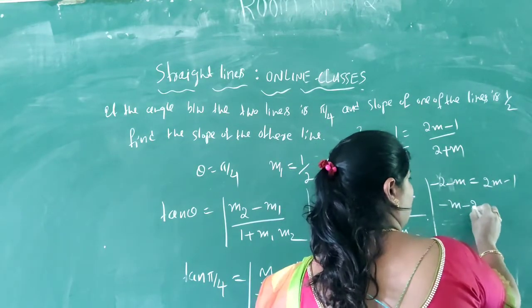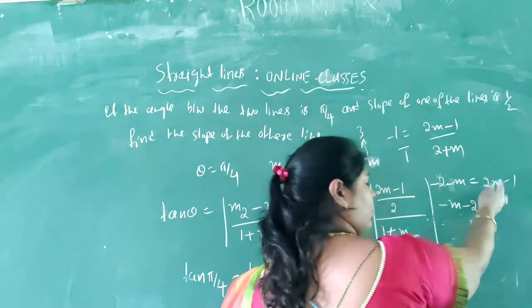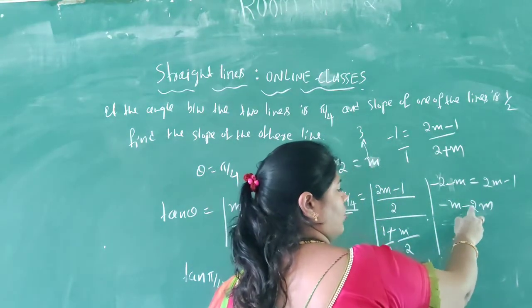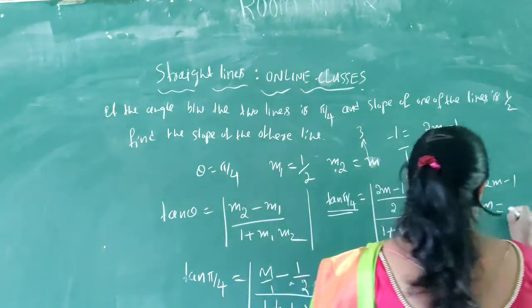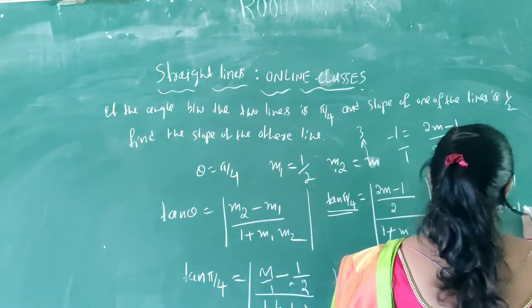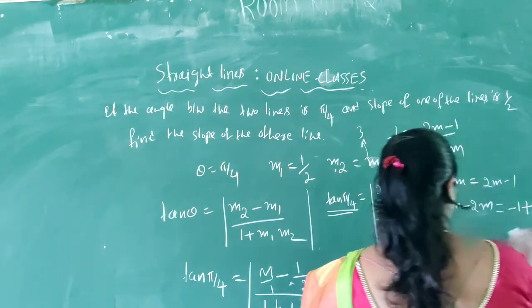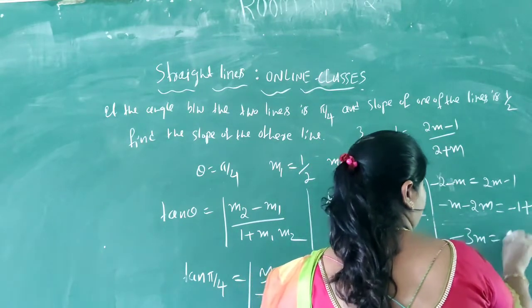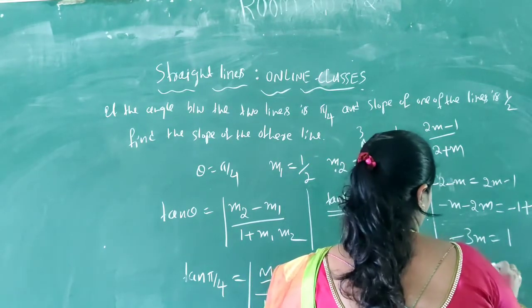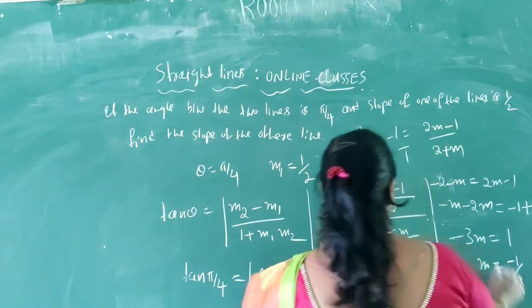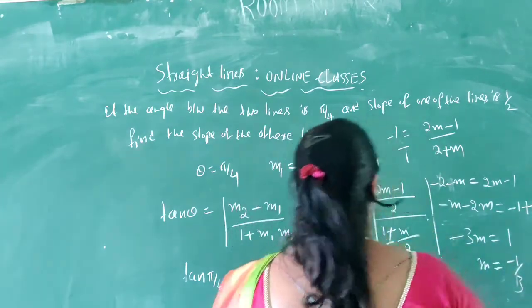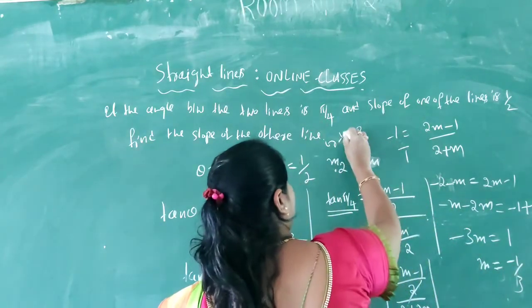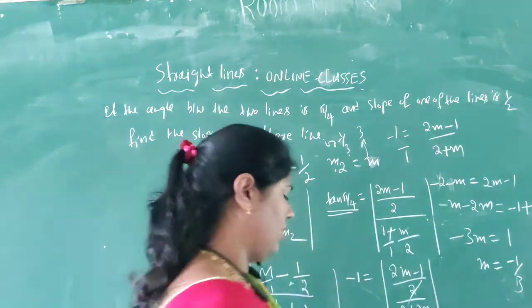Transposing, we get minus 2m equal to minus 1. Minus 2 is transposing, you get plus 2. Minus m minus 2m is minus 3m, which is equal to 1, so m is equal to minus 1 by 3. Therefore, the slope is 3 or minus 1 by 3.